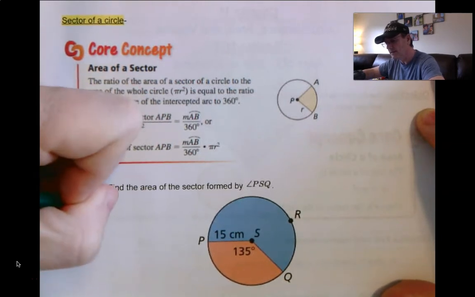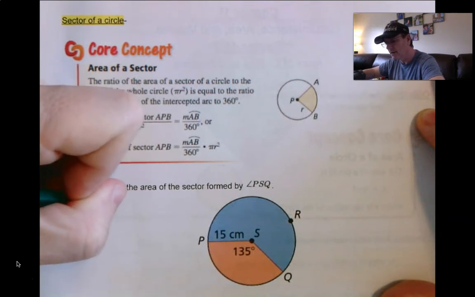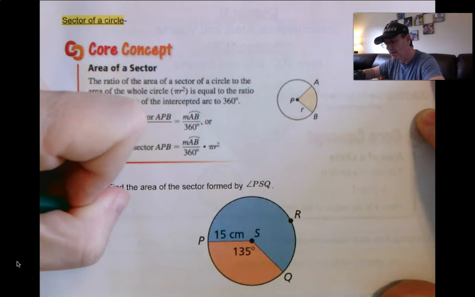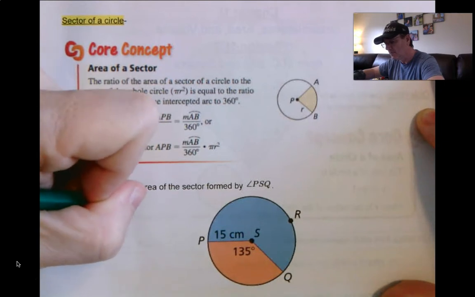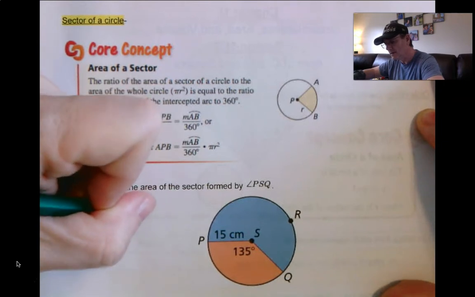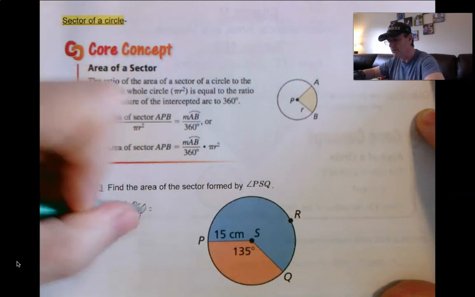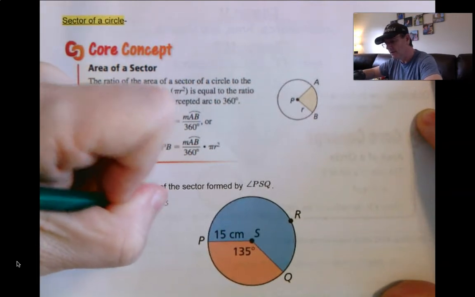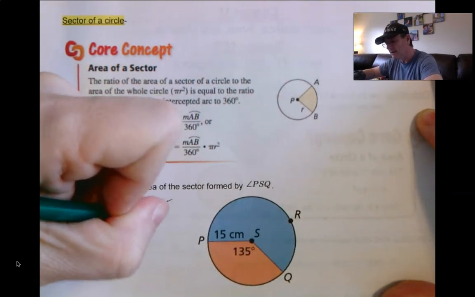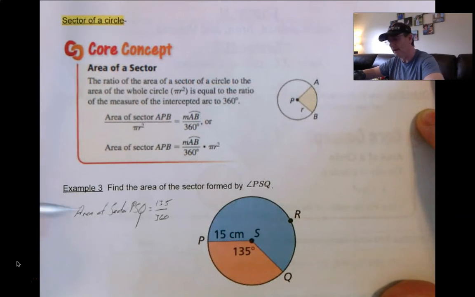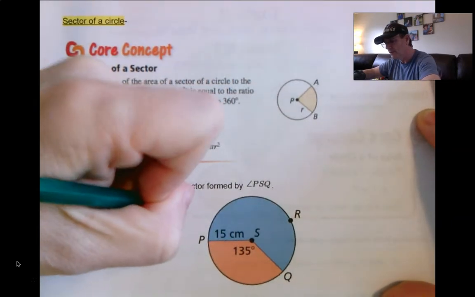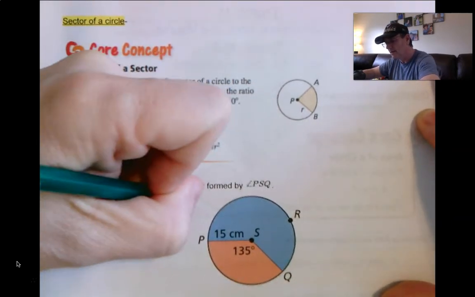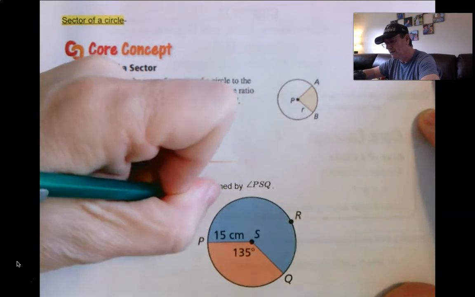So 135 degrees. The area of sector PSQ is equal to 135 divided by 360. That's what fraction of the circle we have, times pi 15 squared.